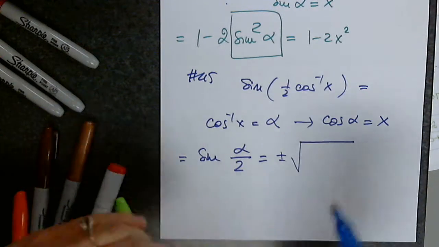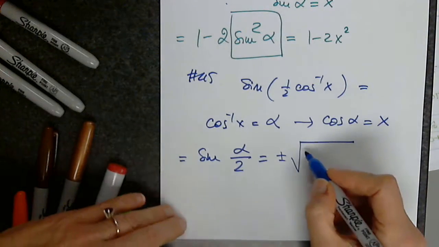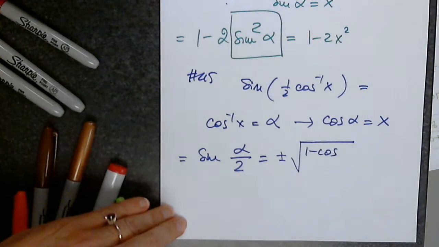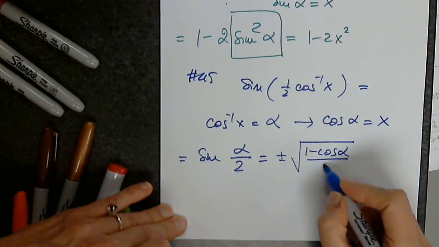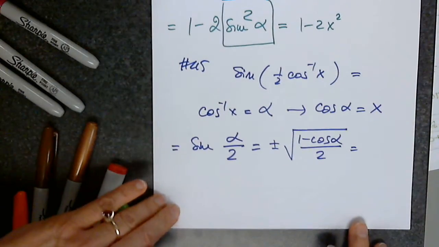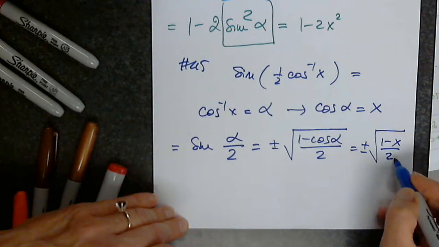The square root of, and now I have to remember that super important formula. Sine of half an angle is plus or minus the square root of 1 minus cosine alpha, over 2. This is where it's tricky. But I know cosine alpha. It's x. Right, so this is the square root of (1 minus x) over 2. Excellent.